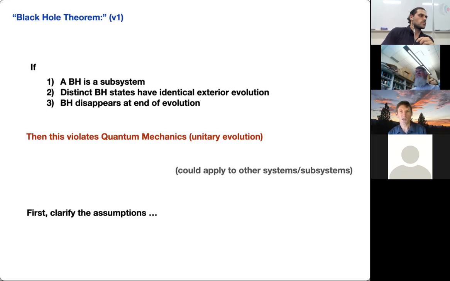Now that's a set of statements you could make for other systems with subsystems, but here we're going to focus on the black hole context. And it's important to clarify what we mean exactly by these assumptions or statements. So I'll at least describe a little bit more in detail what those involve.